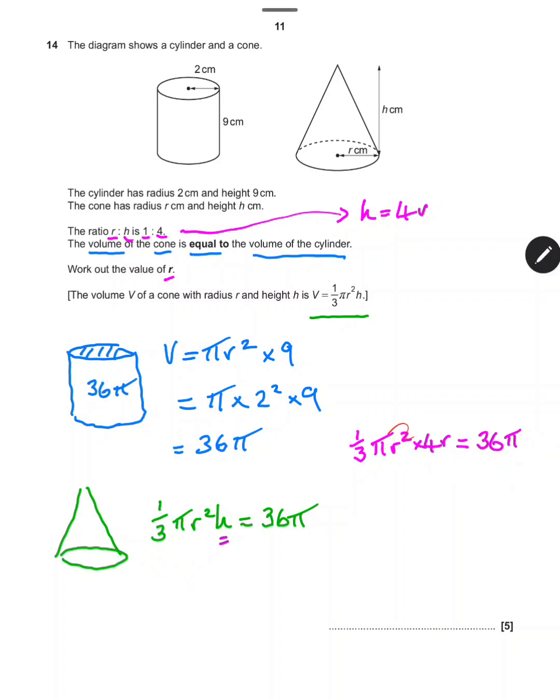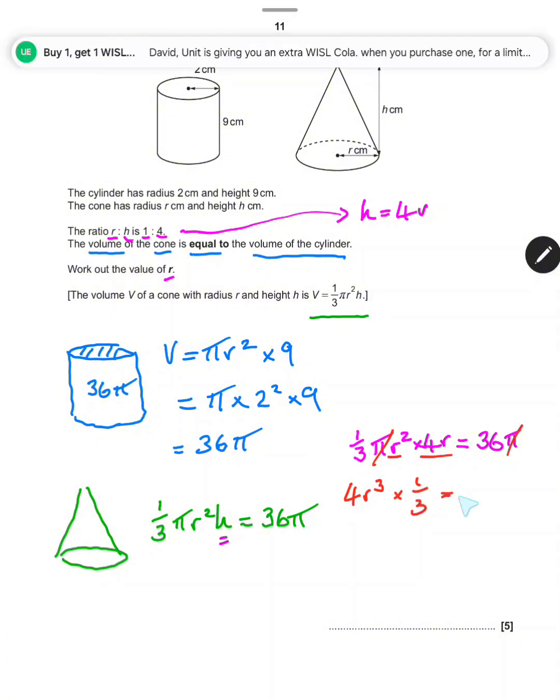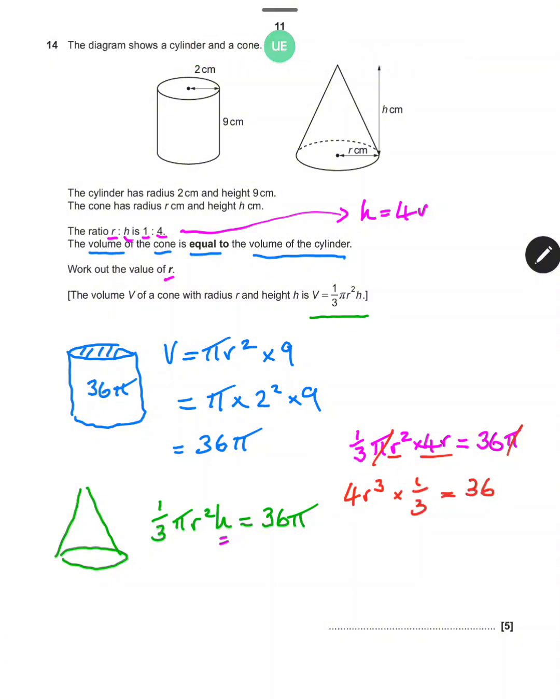So there's pi on both sides. If you were to divide both sides by pi, that would vanish. 4r times r squared is 4r cubed. So we're going to do 4r cubed, that's that bit, multiplied by a third equals 36.